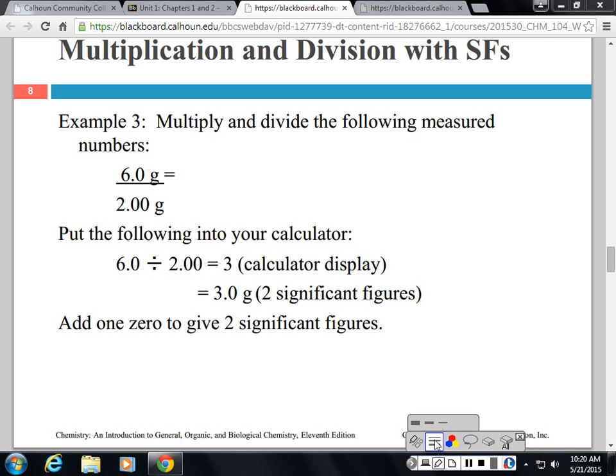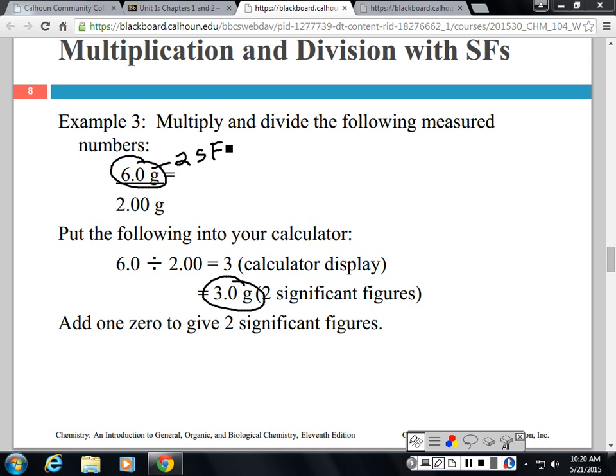You have to remember that it's not just 3, it's 3.0. You might just get, 2 into 6, that's easy, that's 3. That's what most students will just put down. But because you measured these numbers, you have to tell us how precisely this was measured. It wasn't just measured to 3, it was measured to 3.0. You have to have 2 significant digits if you have 2 in your measured numbers as the smallest amount.